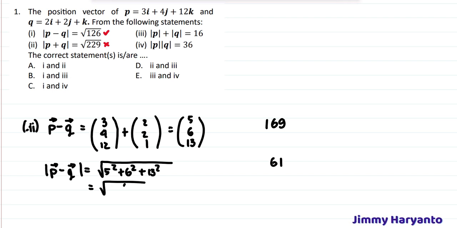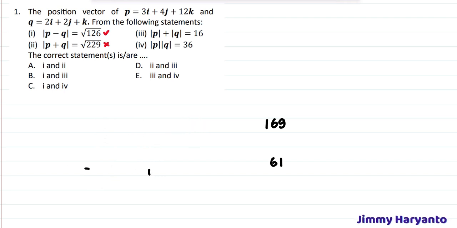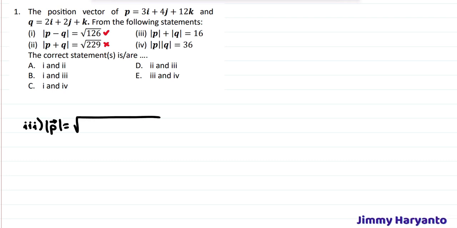Next is the magnitude of P plus Q equals 16. Okay, for the third one, you have to find the magnitude for each of the vectors, which is P first, the square root of 3 squared plus 4 squared plus 12 squared.